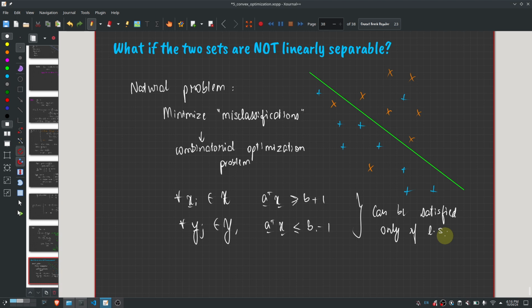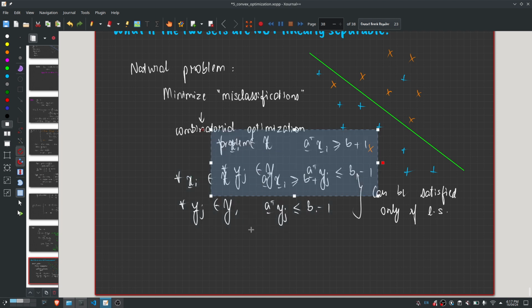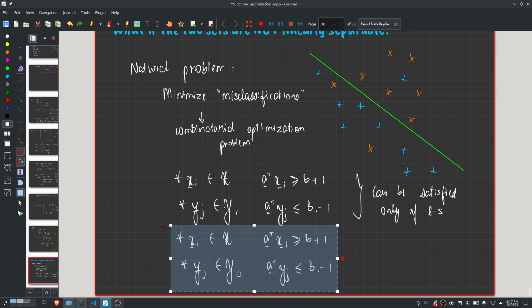So for each point, let's look at a natural relaxation of this particular constraint. Suppose I do the following.